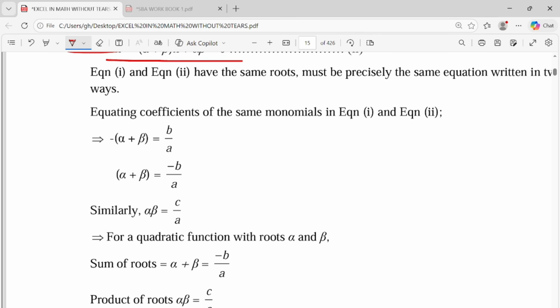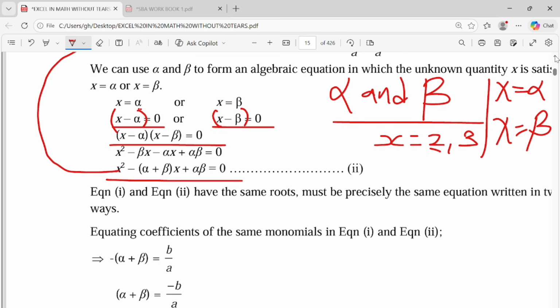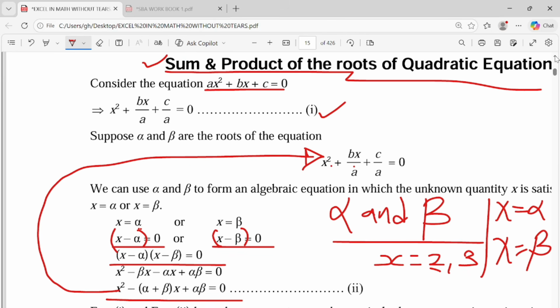If you compare this with the general expression of a quadratic equation, you realize that negative alpha plus beta is equal to b out of a.